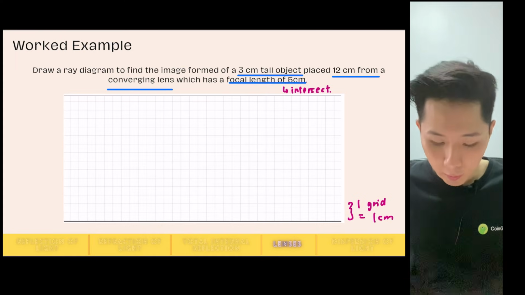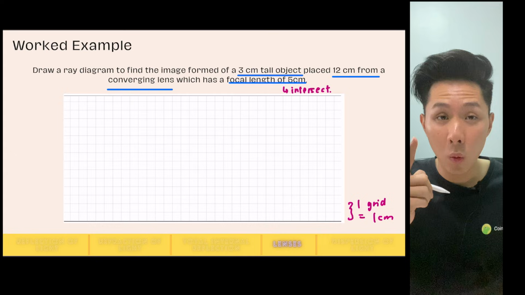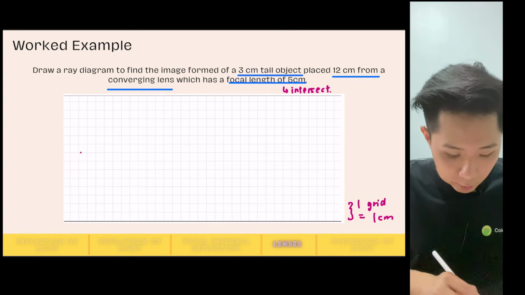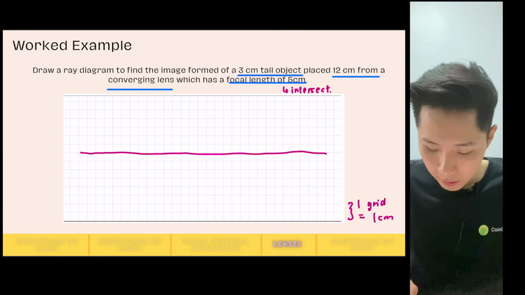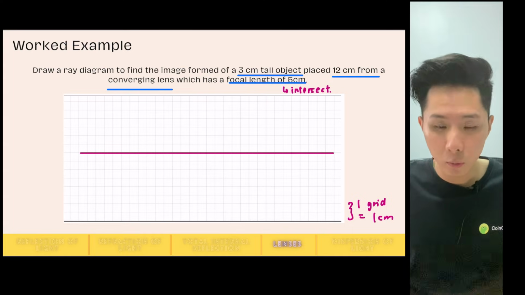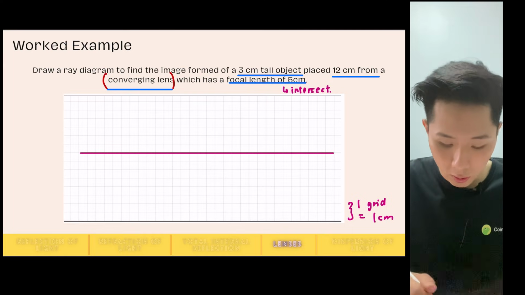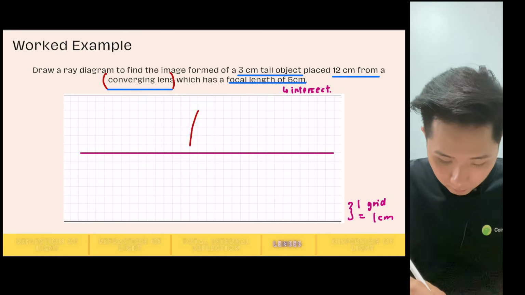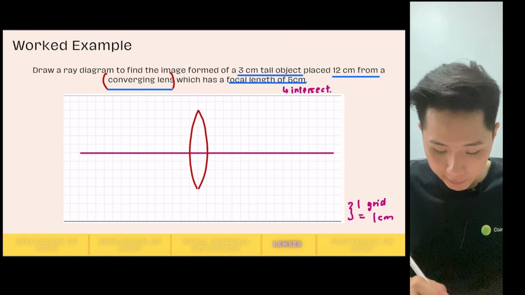The first thing you need to draw is the principal axis. You just draw a straight line here. And then since they said converging lens, I'm going to draw a converging lens. Forgive me for not being able to draw it very nicely.